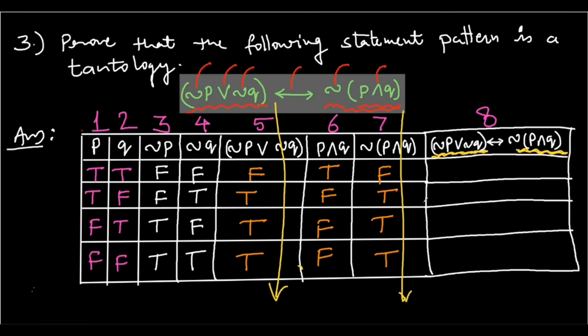Okay, let's begin, students. What is the law for biconditional? When the component statements have the same truth value, then the biconditional statement will be true, otherwise false.